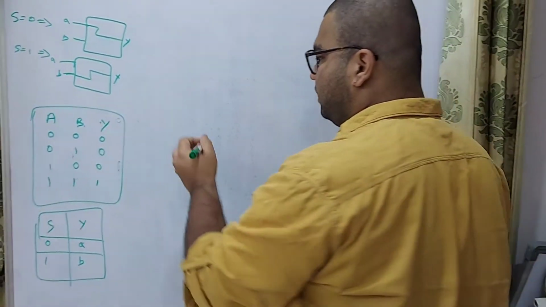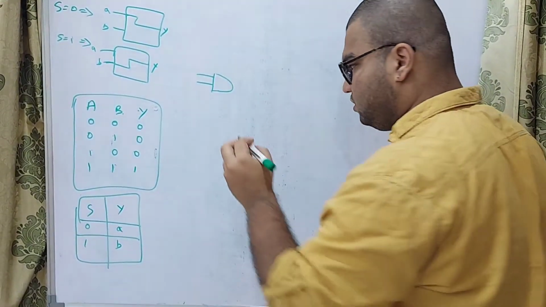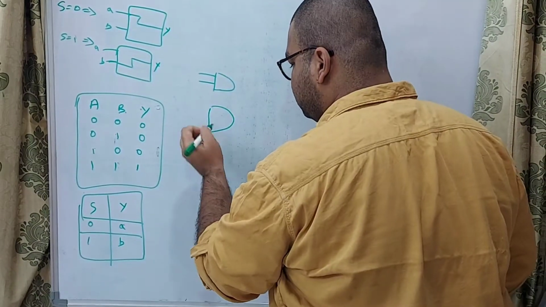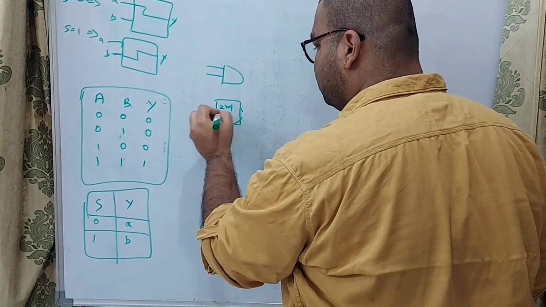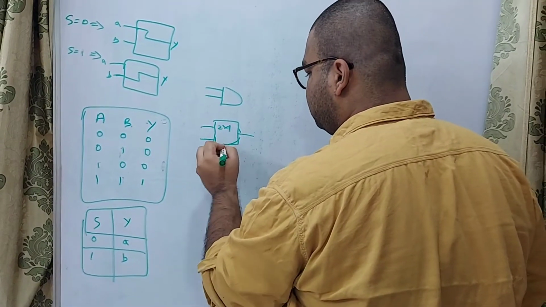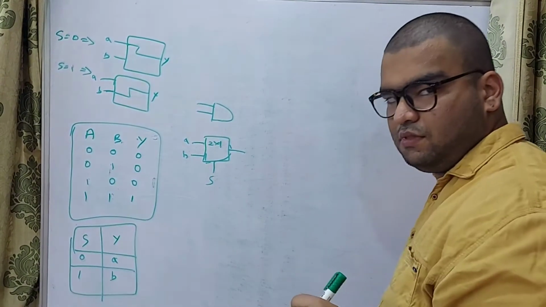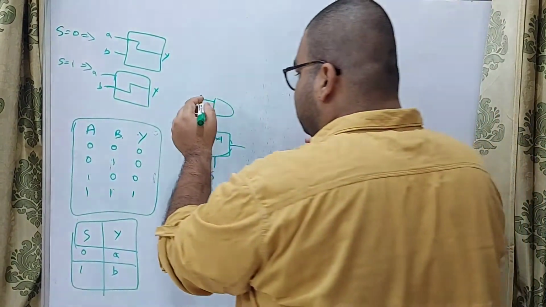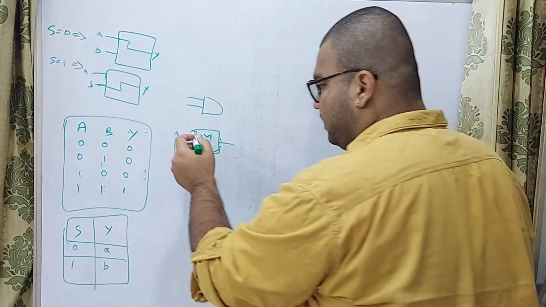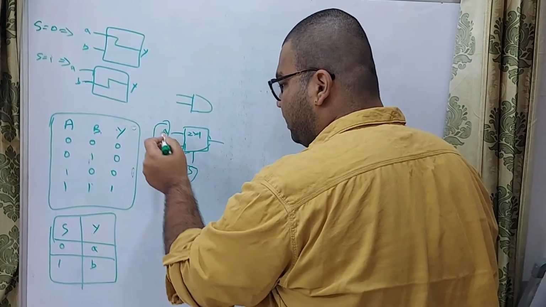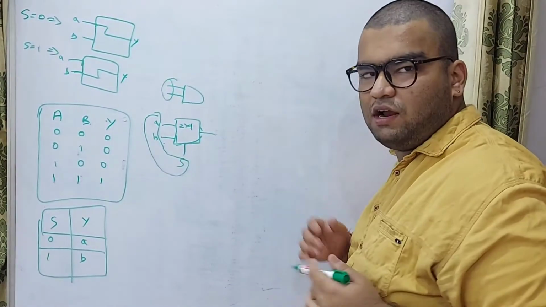Now we know that the AND gate has 2 inputs. Another thing we know is that the 2 cross 1 MUX has two inputs, but it also has a select line. Now we have to convert this, where there are three inputs, into a two input device. How are we going to convert it?